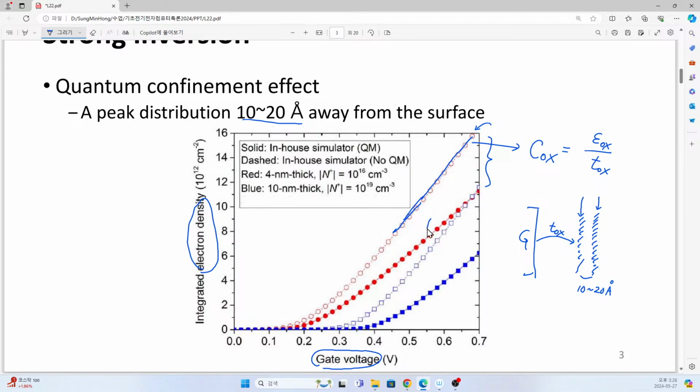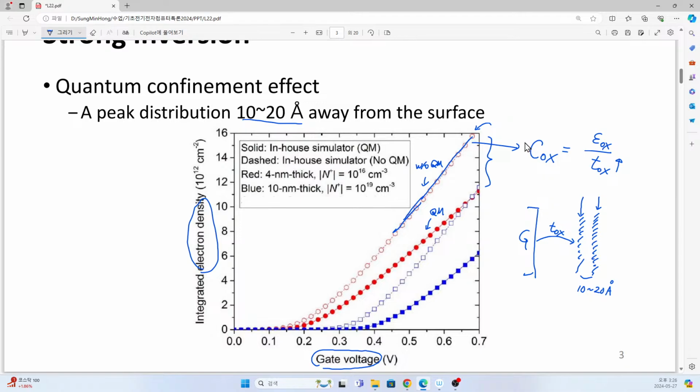The solid filled circle considers the quantum confinement effect, and the other is without it. In this case, the effective distance is longer than the semi-classical one, so we can also say that the effective thickness is enlarged.